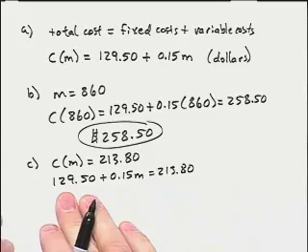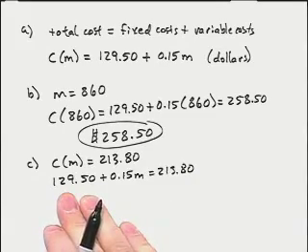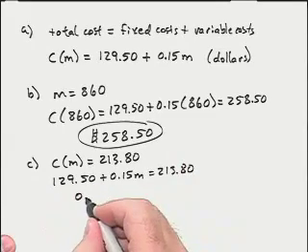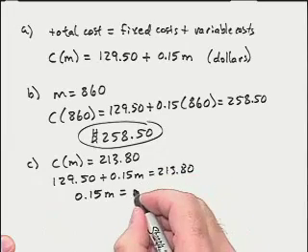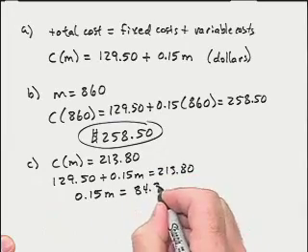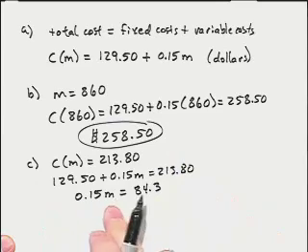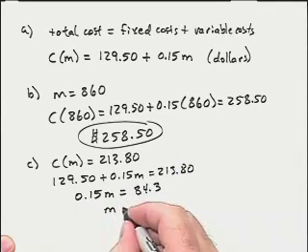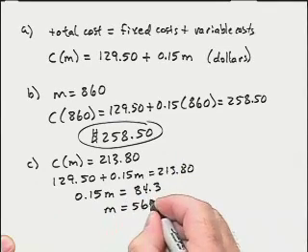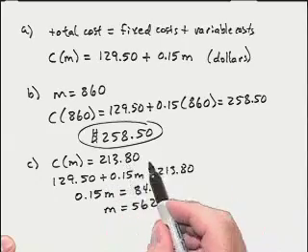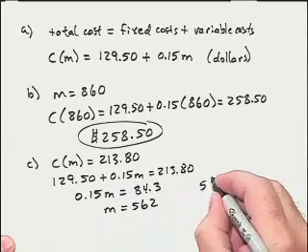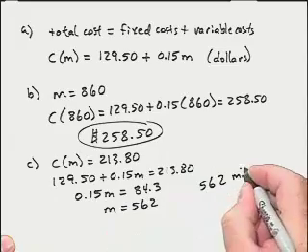We'll go ahead and subtract 129.5 from both sides. We get 0.15 M is equal to 84.3. Then we divide both sides by 0.15 to get M is equal to 562. So if the rental cost is $213.80, the number of miles driven was 562.